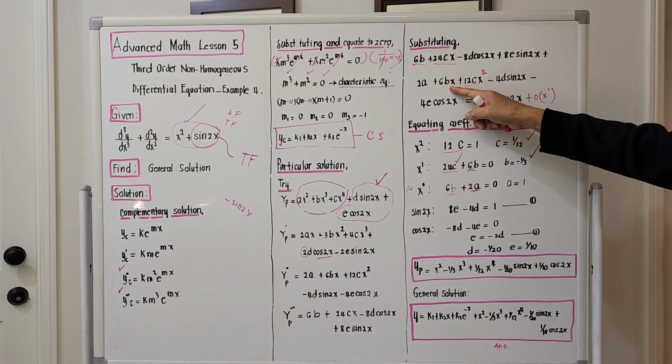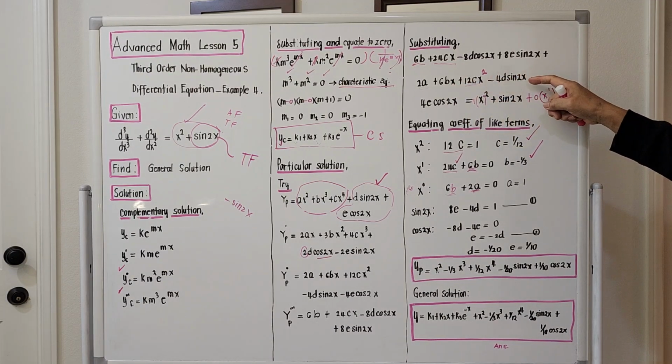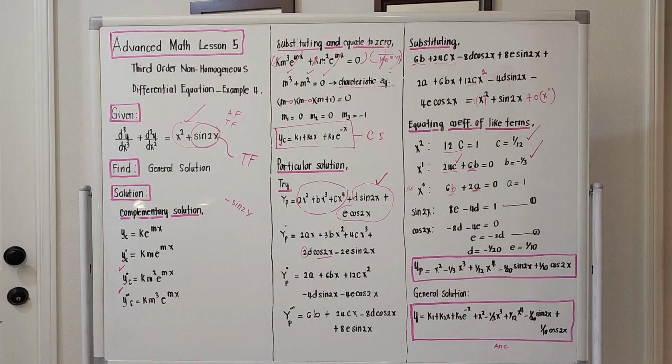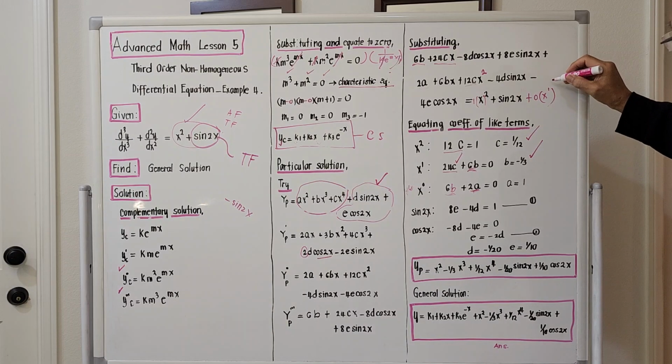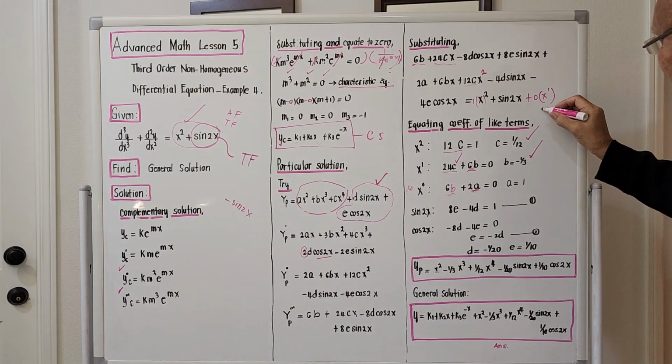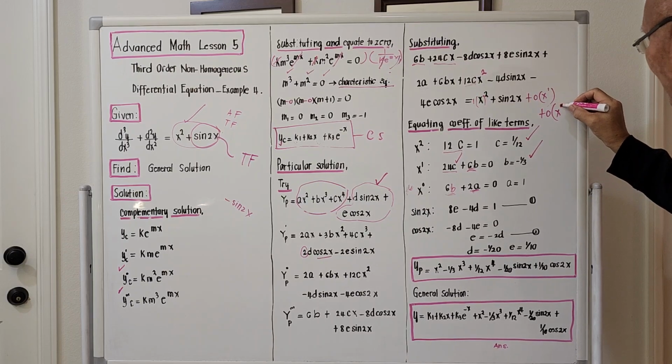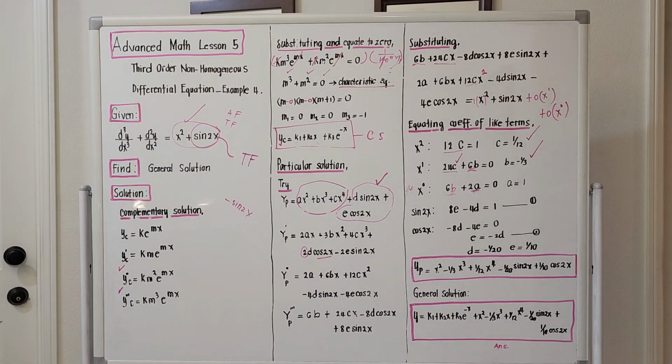This is an x term, x squared term, sine function, cosine function. Then on the right hand side, there is no pure constant term, but we could write it as simply plus the coefficient 0 times x to the 0, because x to the 0 times 0 is just 0.